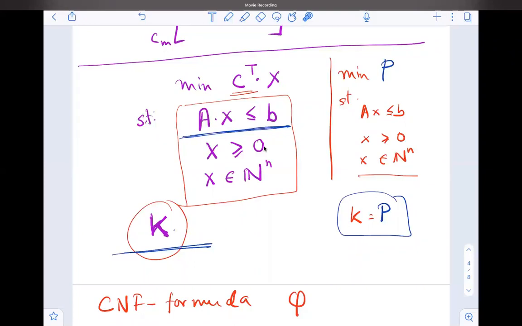If you have to solve the optimization problem using the decision problem, then you select K dynamically, and that's what you have to do.